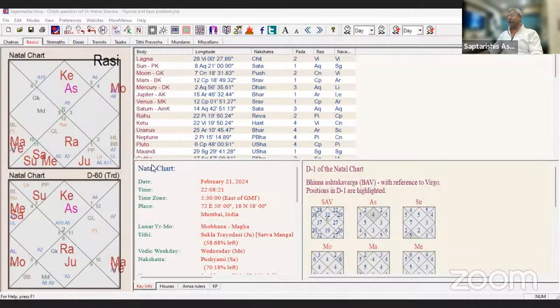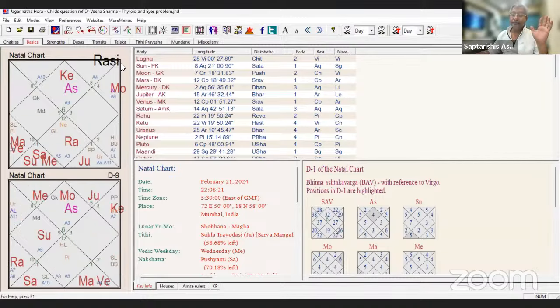So this is one, the first is always Lagna axis afflicted problemo. I need to double check something. Remedy is possible. If it was fixed sign, remedy was not possible.